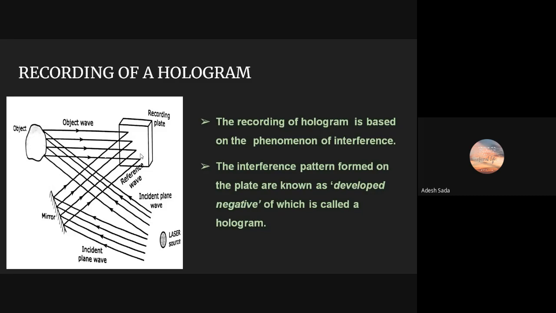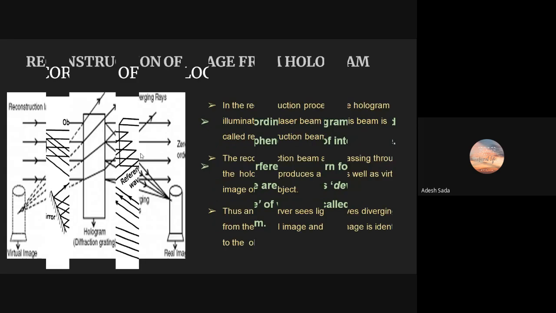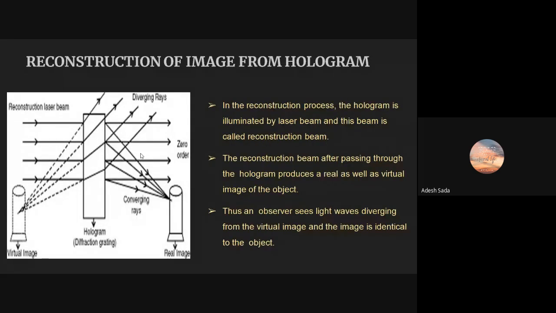To get a clear picture of the object, we move on to the next important process, that is the reconstruction process. In this process, the hologram obtained in the previous step is illuminated by the reconstruction laser beam, which was used in forming the hologram.